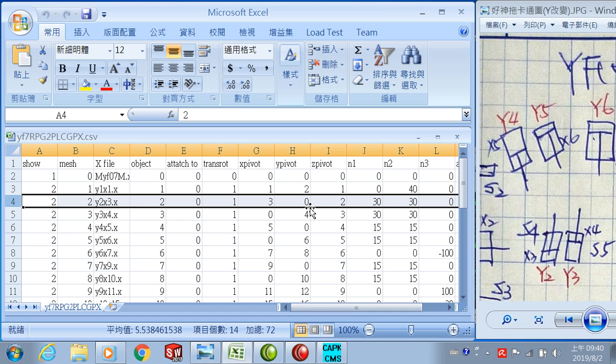Y pivot 0 means there isn't any upper limit sensor. The Y2 on actuates the movements of object 2.